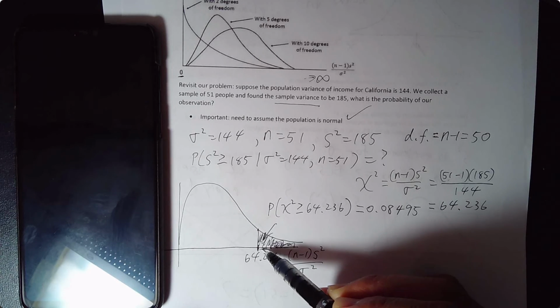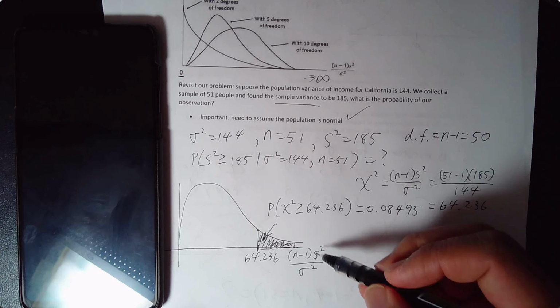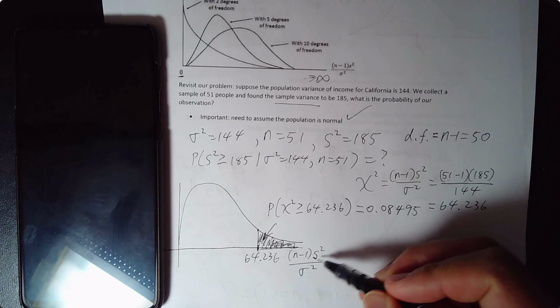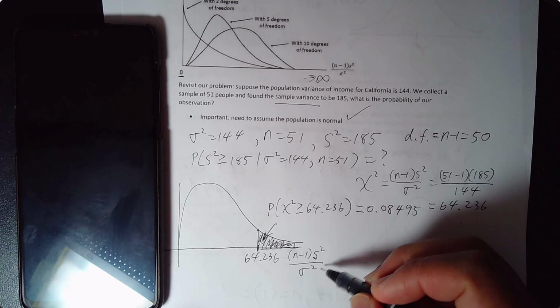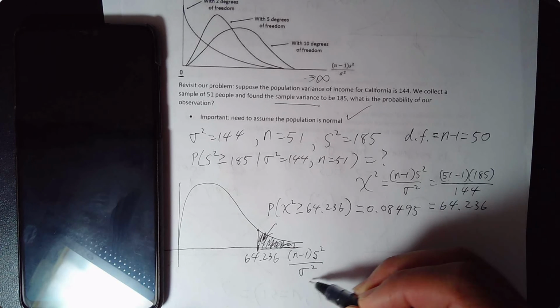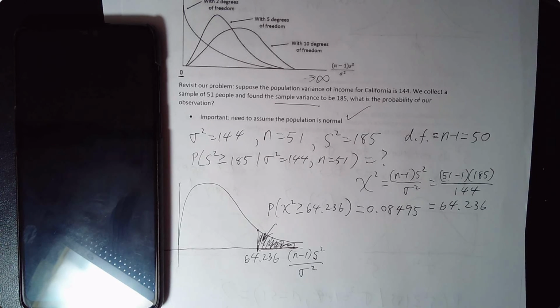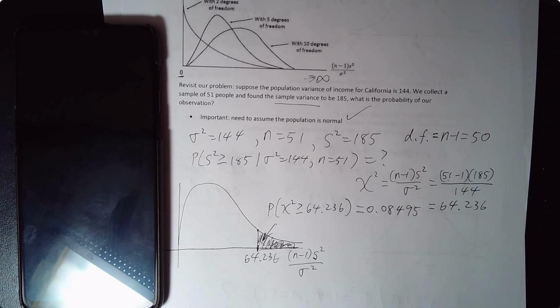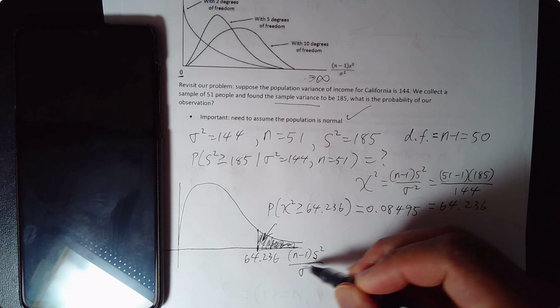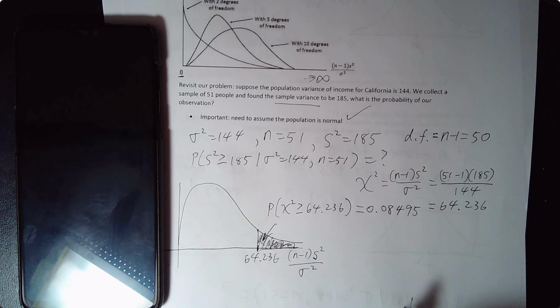So this does indeed tell you the likelihood of observing an s squared, but it's just scaled with the population parameter, sigma squared. So in a way, we can think of this as a kind of standard normal, and we do not have to convert this to a standard normal anymore, because we are dividing by sigma squared already.